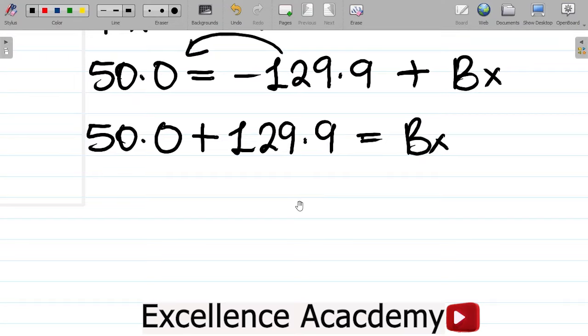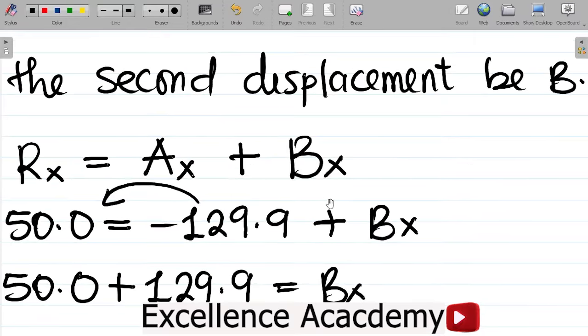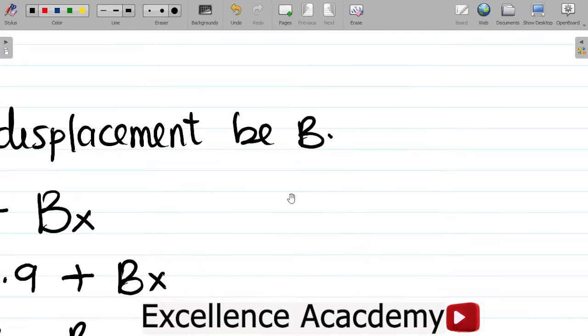Let's punch this. 50 plus 129.9 is about 179.9. Don't forget that this value is in centimeters. So this is Bx, the horizontal component of the second displacement. Let's now get the vertical component of the second displacement. How do we get that?